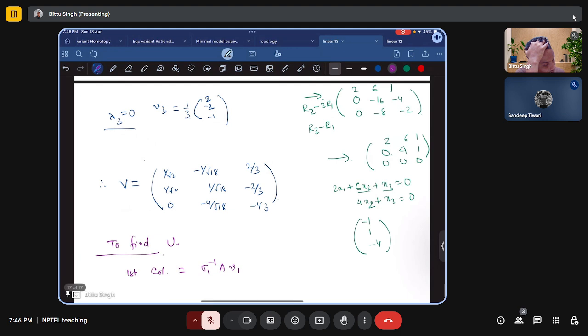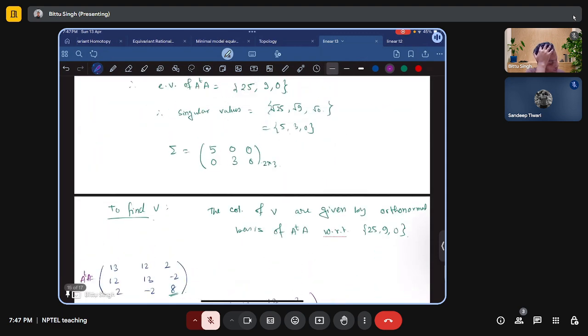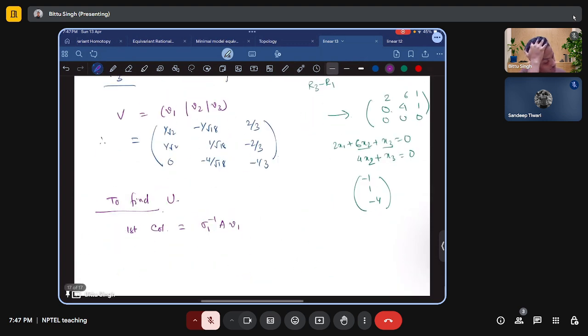V is actually V1, V2, V3. Now what is sigma 1 inverse? This is sigma 1, sigma 2, sigma 3. Sigma 1 means 5, so sigma 1 inverse means 1 by 5, A times V1.